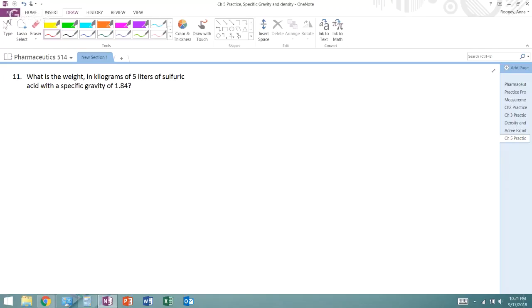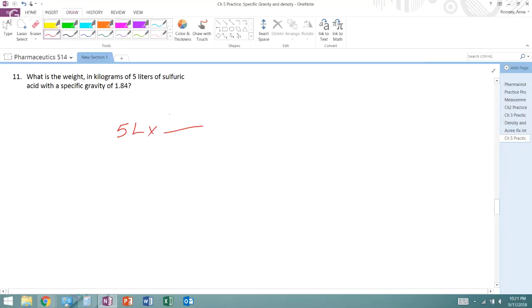All right. What is the weight in kilograms of 5 liters of sulfuric acid with a specific gravity of 1.84? Number 11. Okay. So, because we're going from liters to kilograms, we don't necessarily have to actually change. So we just do 5 liters.